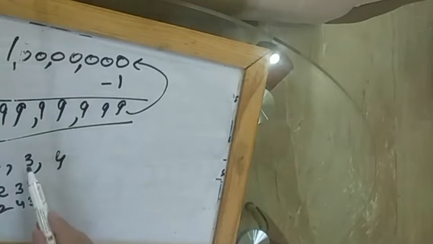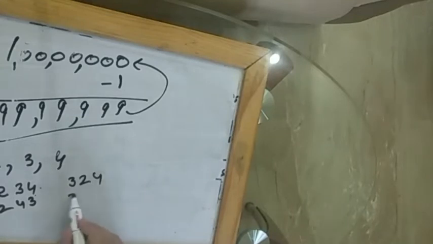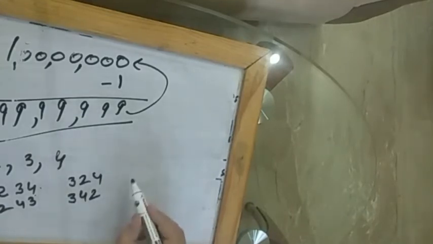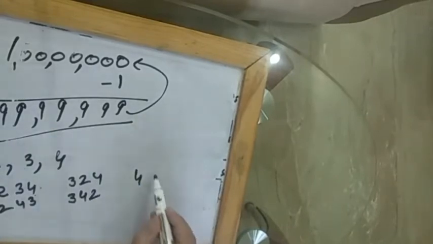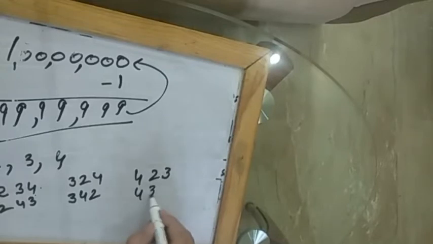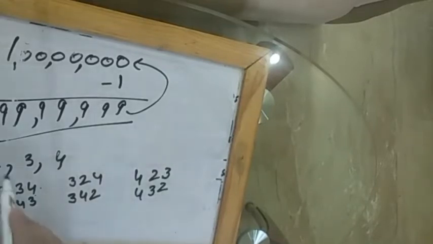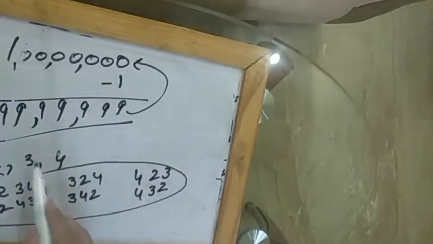Now I will take 3 in front, and I can write 324, and the same I can write 342. I can reverse these digits. I'll take 4 in the beginning. The rest of the digits are 2 and 3, and I can reverse these 2 digits, 423 and 432. So these are all the 6 numbers I can form by using these 3 digits.